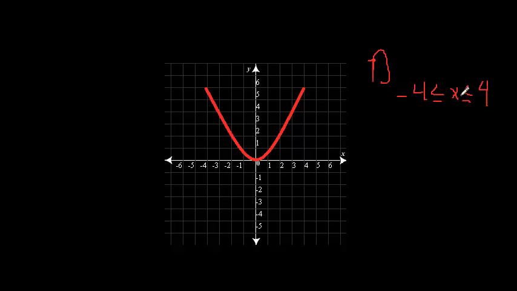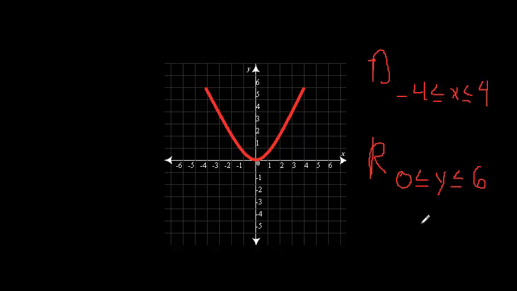We see x is greater than the negative 4 value, but less than the 4 value in that setup. Our range then is, looks like we go down to 0 on our y's and up to 6. So our range is 0 is less than or equal to y, which is less than or equal to 6.